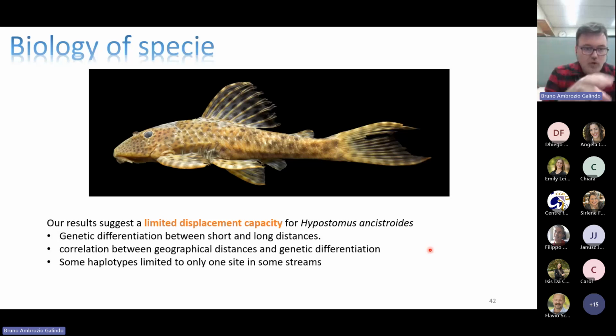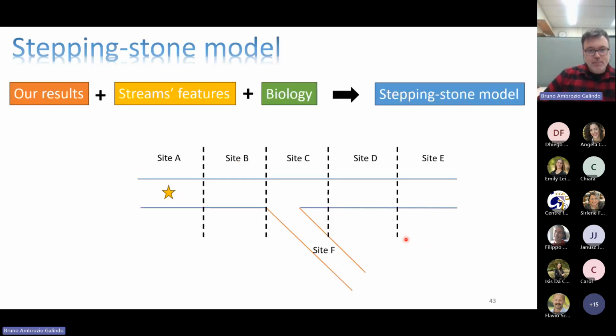So all this evidence reinforces this aspect of the biology of this species, that it is a species with limited displacement. And limited displacement fits pretty well with the stepping stone model of gene flow. Our results, the stream features, and the biology of the species fit pretty well with the stepping stone model.